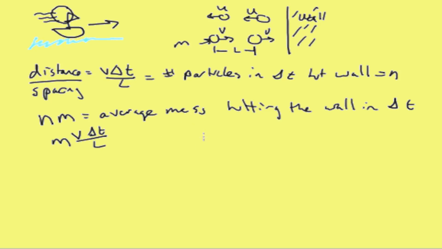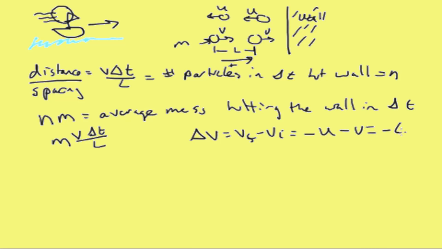And what we also need to do is figure out the change in velocity. So the change in velocity, remember, is final minus initial. And in this case, we'll say that going to the right is positive, so going to the left is negative. So we have minus u minus v, where v is positive.